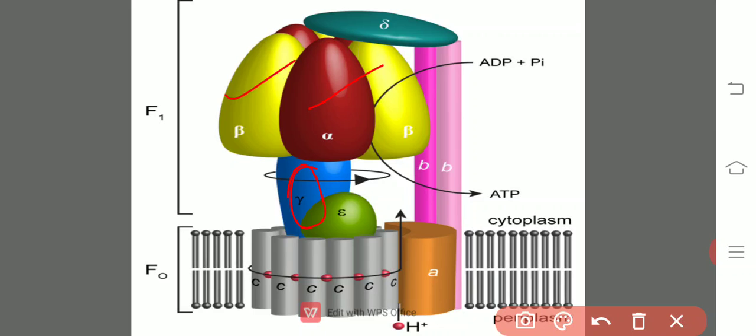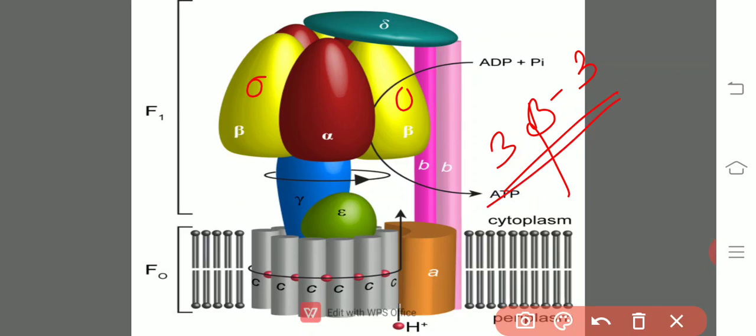Now, the specialty of the beta subunits is that there are 3 beta subunits, and each beta subunit contains 1 catalytic site. So there are 3 catalytic sites. What is a catalytic site?